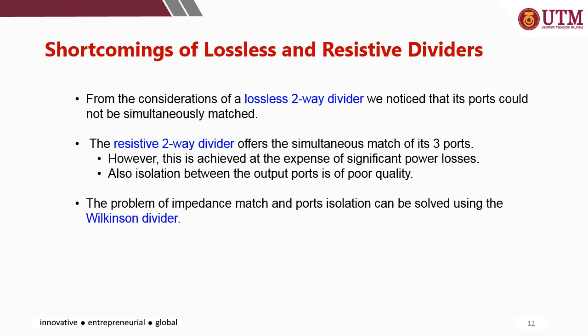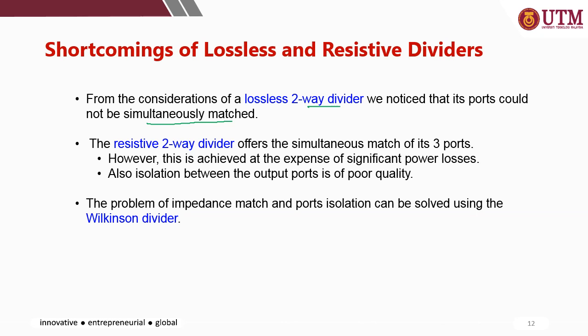Alright, so we have seen the shortcomings and disadvantages of the T-junction and also the resistive power divider. For a lossless two-way divider, the T-junction cannot be matched simultaneously. If you use the resistive power divider, it can provide good matching for all ports.